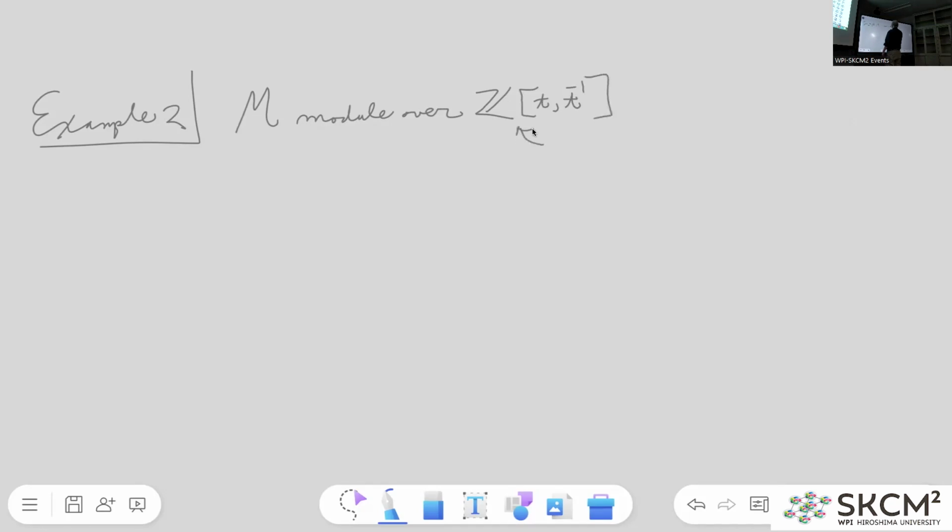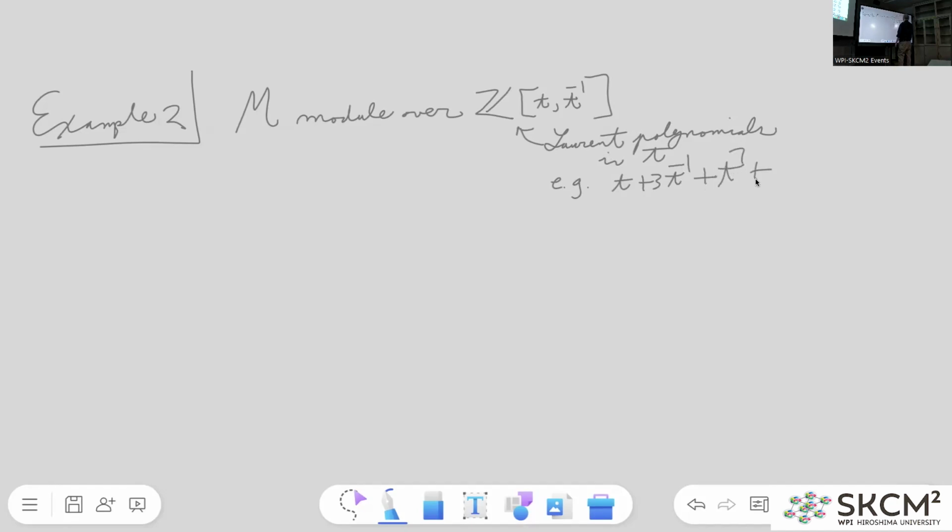This is Laurent polynomials in T. For example, T plus 3T inverse plus T to the 7th plus 99 T to the minus 1000. Okay. Just polynomials with negative and positive exponents, coefficients in the integers like that, okay? That's a nice ring. And M is a module over the ring.